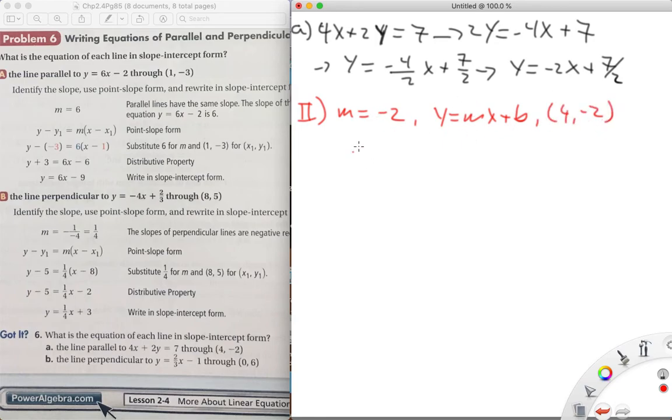So we're going to substitute everything in. We're trying to find our b. So we substitute negative 2 for y, negative 2 for the slope, 4 for the x, plus b, and we're trying to find what b is.